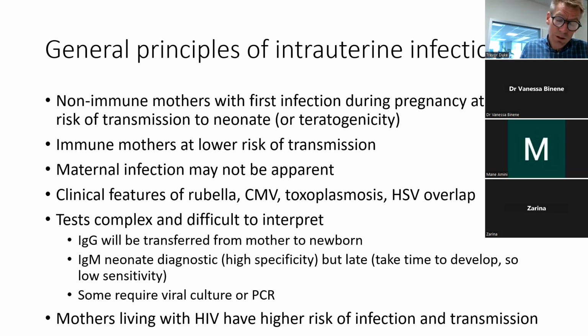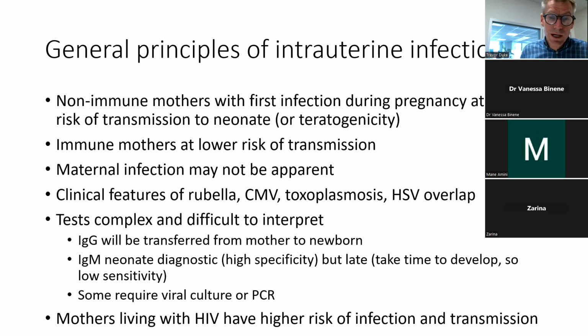So it's not uncommon for babies who are HIV exposed to have a risk of transmission of HIV, but also of CMV, particularly from a mother who has poor immunity, perhaps because she's got HIV and not got adequate immune reconstitution. So these are general principles relating to intrauterine infections that I think we can learn.